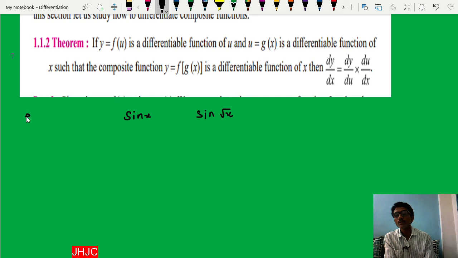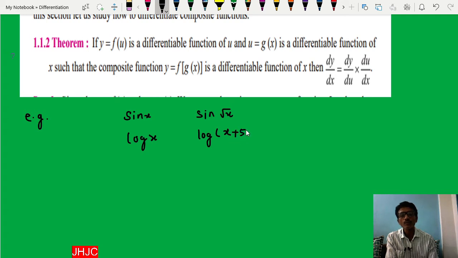Again, an example of a composite function: log x is a simple standard function, but log of x plus 5 becomes a composite function. So we are interested in finding the derivative of composite functions.